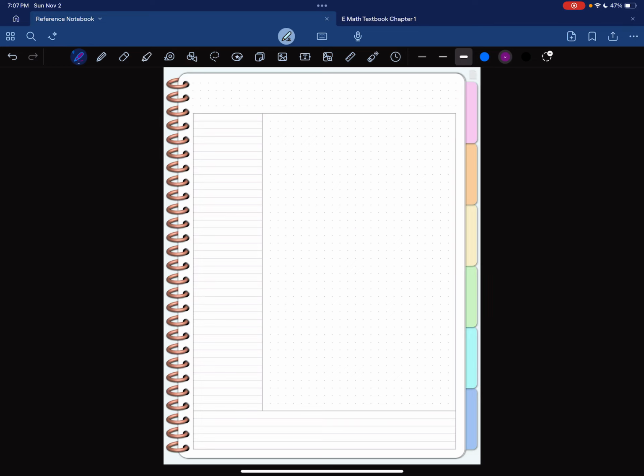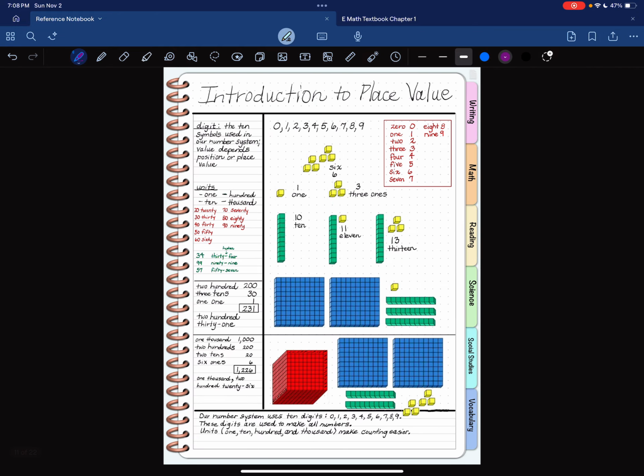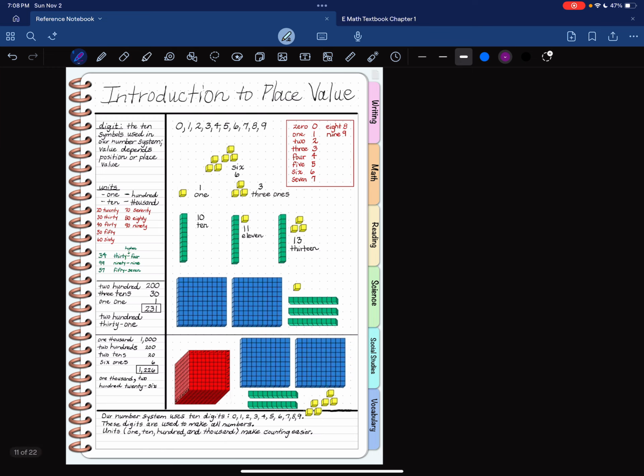Hi, and welcome back. In this video, we're going to look at a very important concept in math, and it is a new notes page. If you recall the things we've learned so far, we've learned about digits and units, ones, tens, hundreds, thousands.